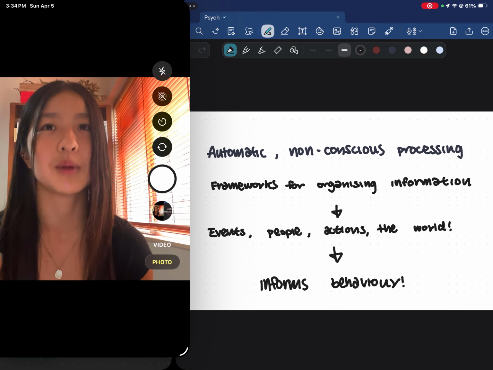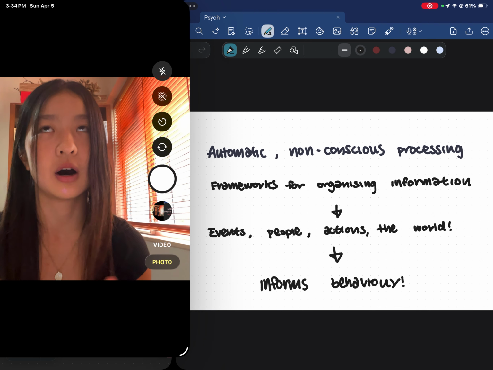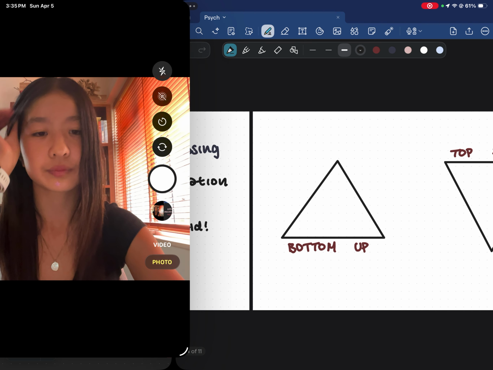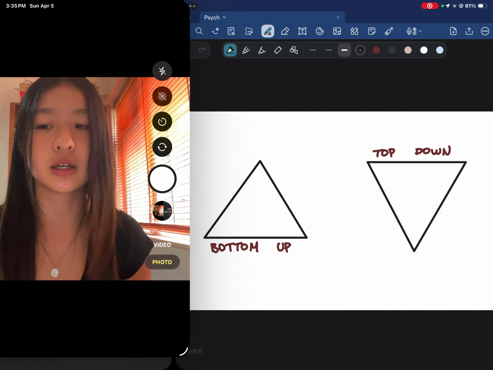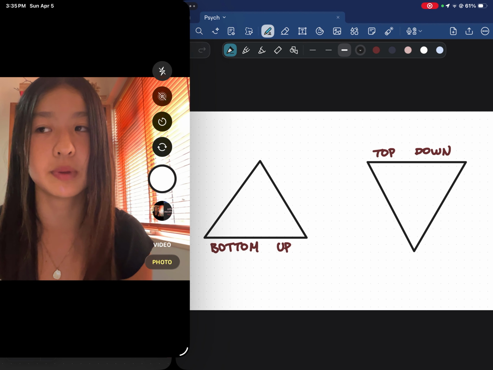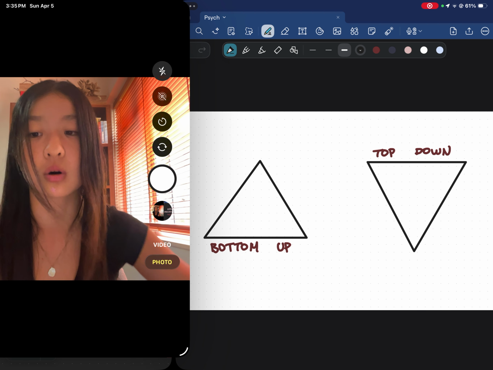So if we remember from dual processing theory, schemas really tend to fit under system 1 thinking because it's quite involuntary. So there are two types of schema processing because the world influences the schemas that we build in our head, but our schemas also influence the perception of the world around us.